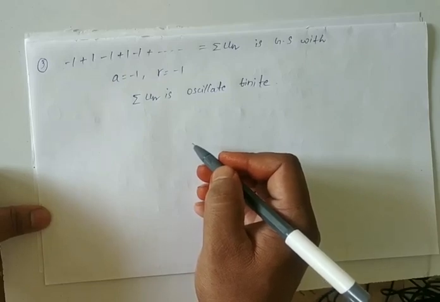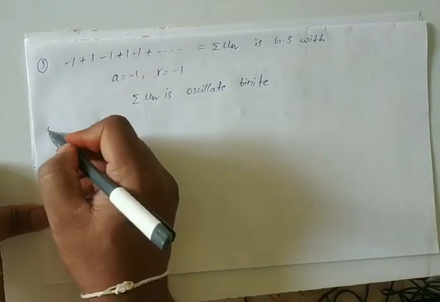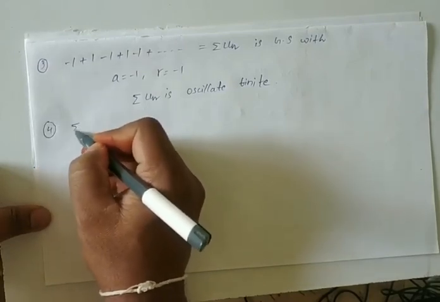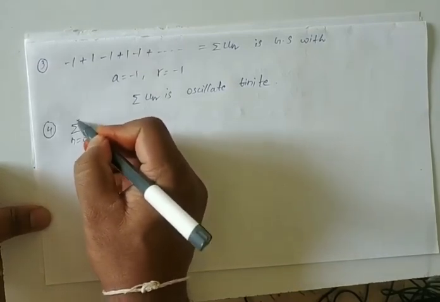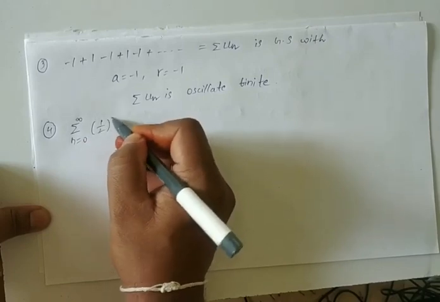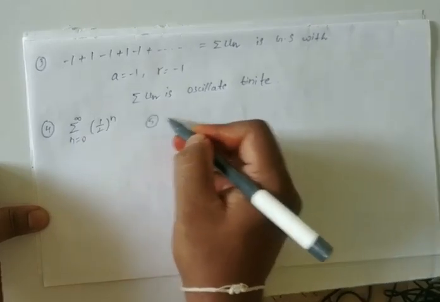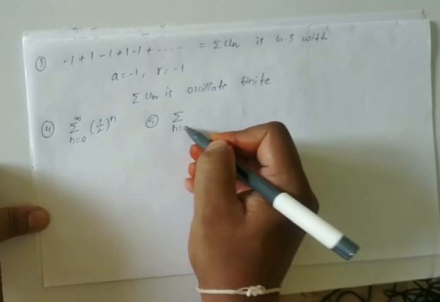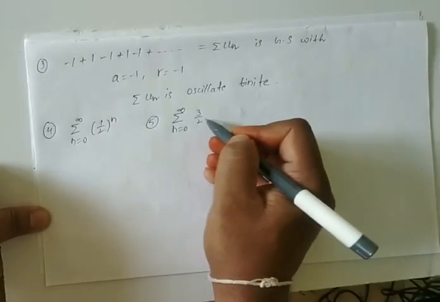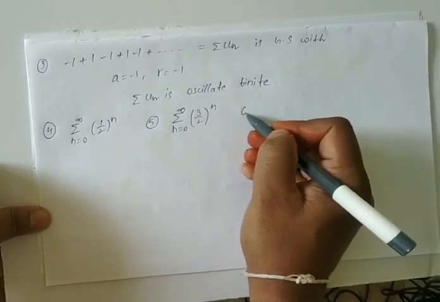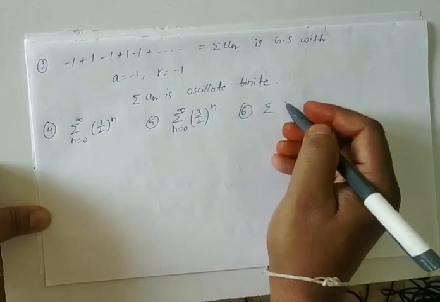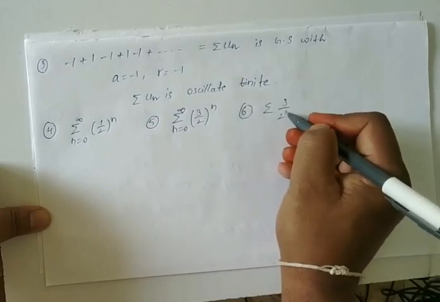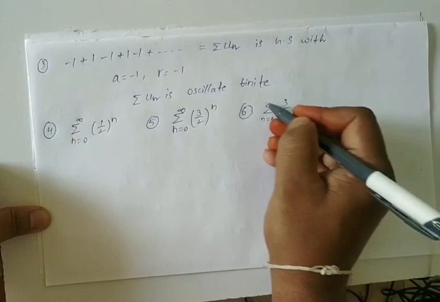Now I will give you some problems corresponding to this topic. Please do it. Write down the fourth one: summation n is equal to 0 to infinity, 1 by 2 whole power n. Fifth one: summation n is equal to 0 to infinity, 3 by 2 whole power n. Sixth one: summation 3 by 2 power n, n is equal to 0 to infinity.